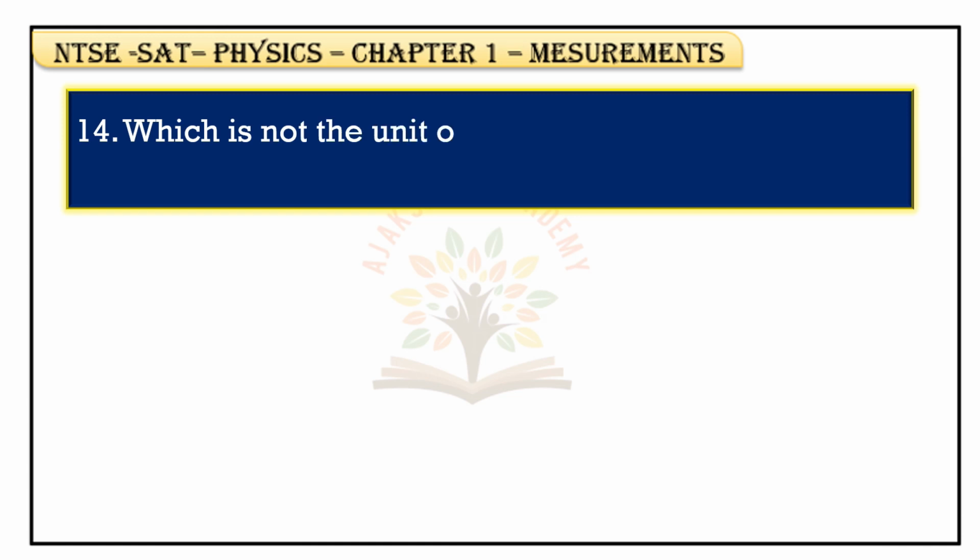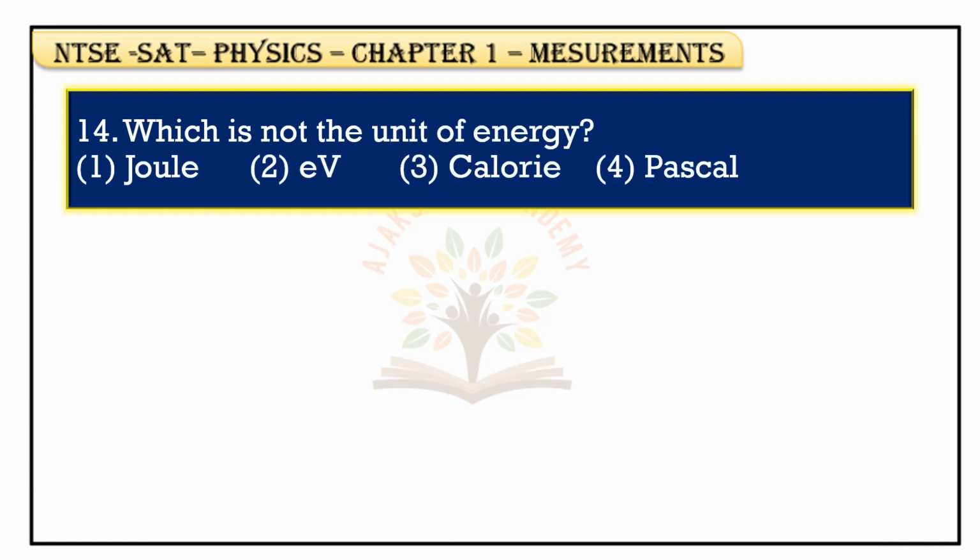Next, which is not the unit of energy? Joule, electron volts, calorie, pascals. So in these four options, Pascal is not the unit of energy. Unit of pressure is Pascal. So joule is the unit of energy, and electron volts also, and calorie also, and here only Pascal is not the unit of energy.